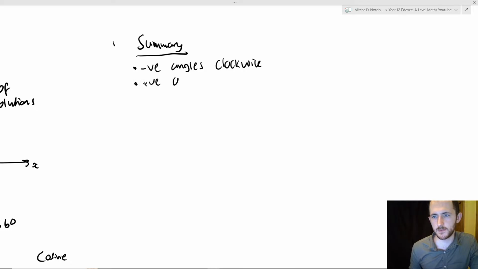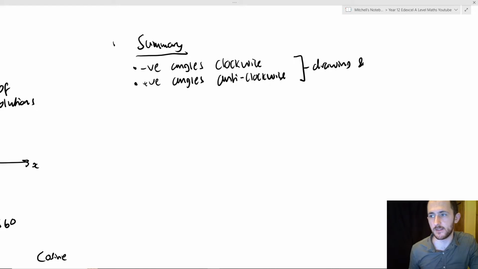Positive angles are anti-clockwise. This refers both to drawing and reading the values. If you ever want to read a negative value, you go clockwise. If you ever want to write a negative angle, you go clockwise as well. So reading and drawing.